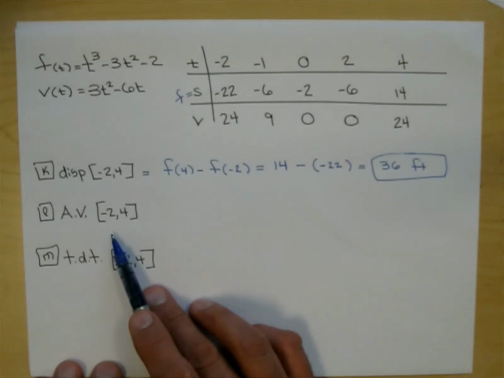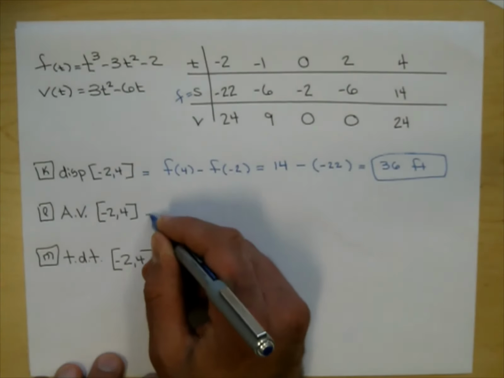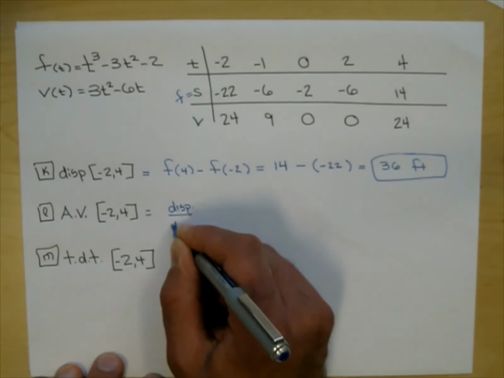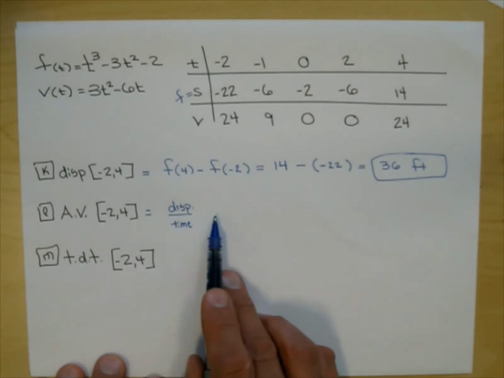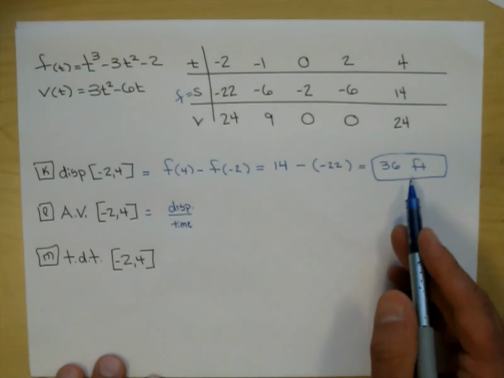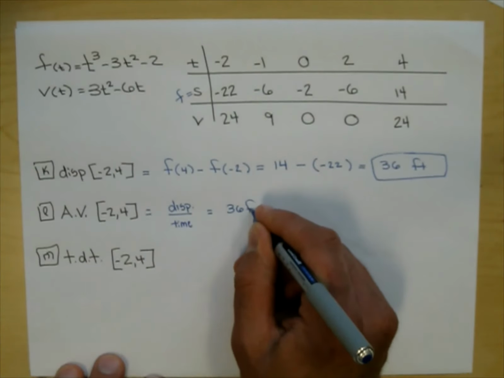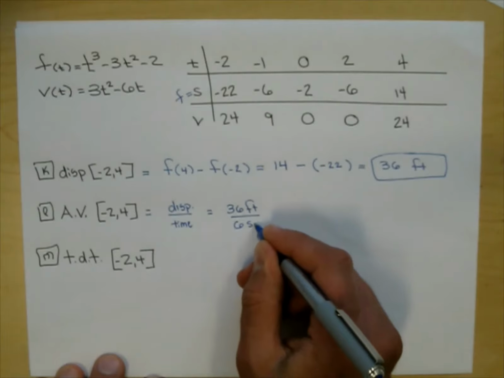The average velocity from -2 to 4, well, that happens to be the displacement over the time. But we could write the fancy formula that says f of 4 minus f of -2, and on the bottom we have 4 minus a -2. Or you could just say, hey, we just found this, which is 36 feet, and the time interval looks like 6 seconds.